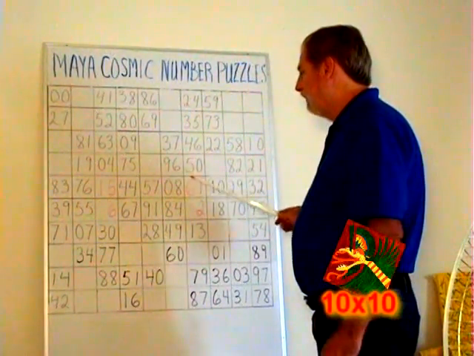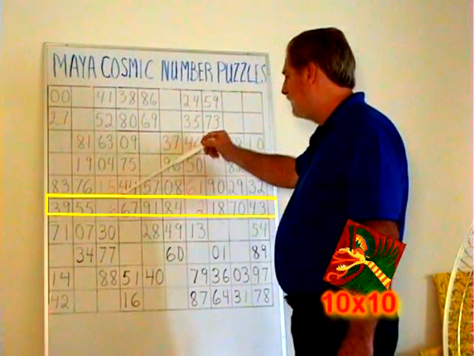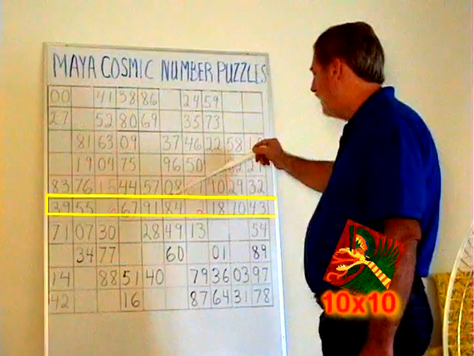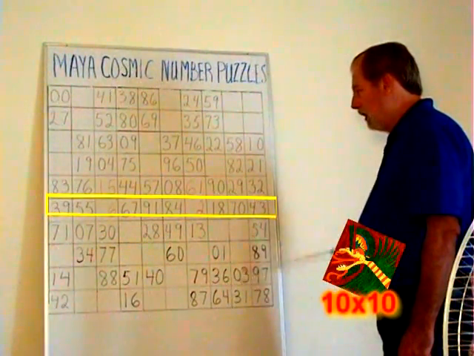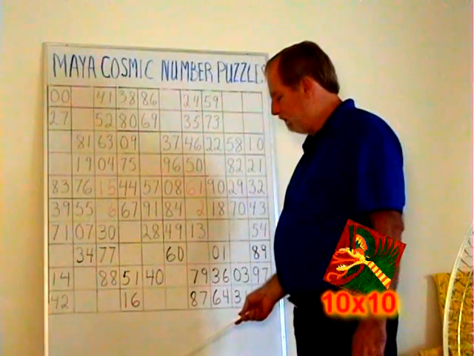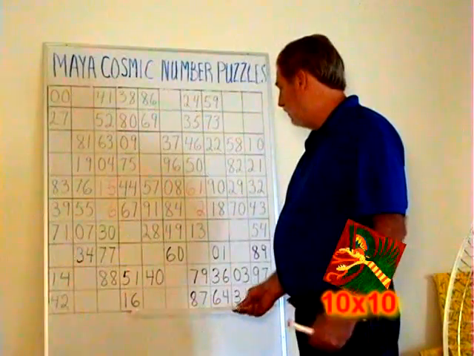Then for the left-hand numbers, we see that we have a 3, a 5, 6, 9, 8, 1, 7, and a 4. That means that we are missing a 2 and a 0.